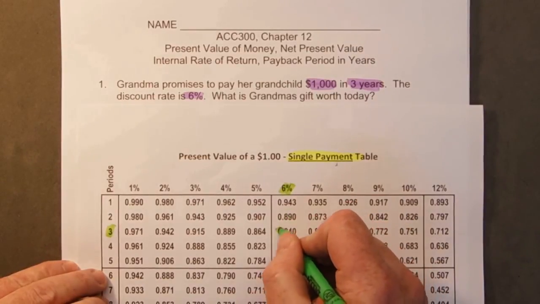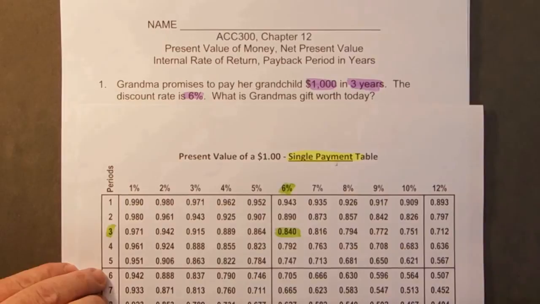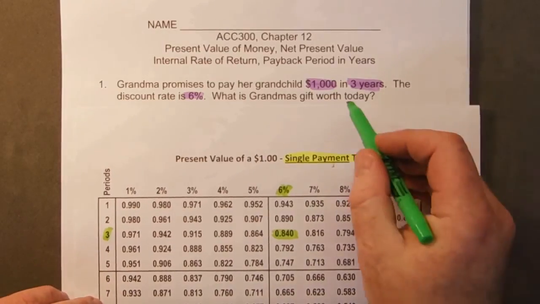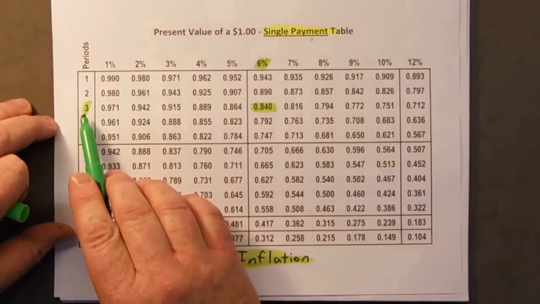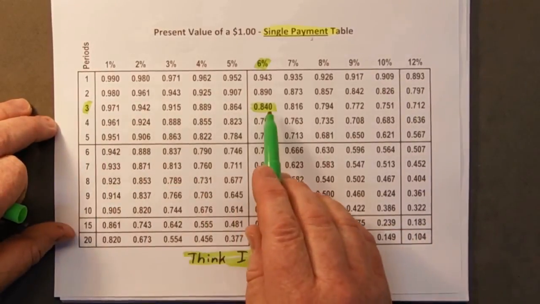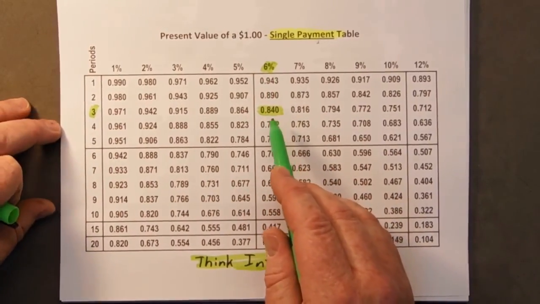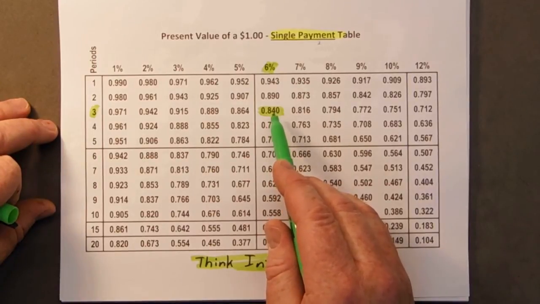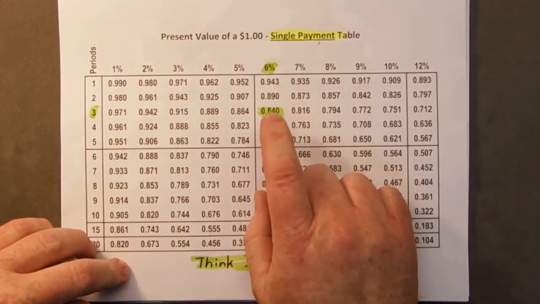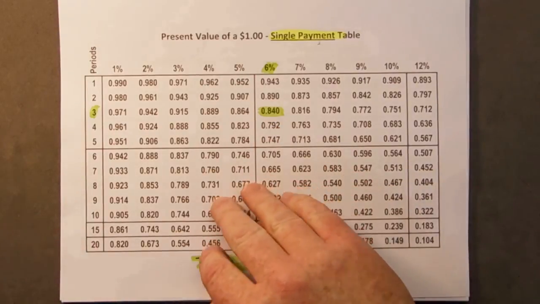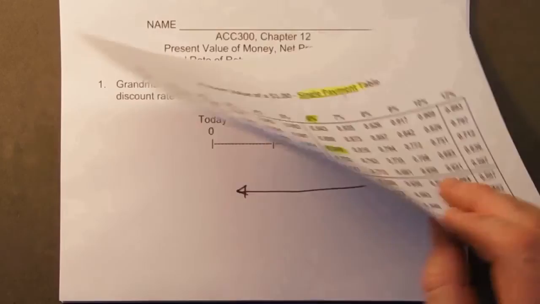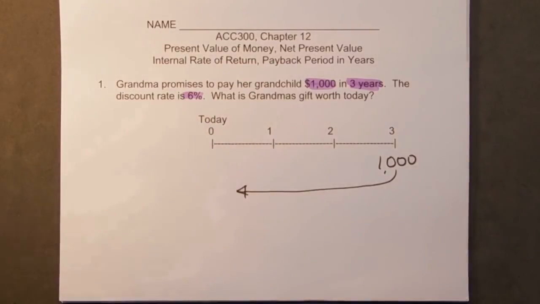So each dollar is going to be worth about 84 cents. So 3 periods, 6%, 84 cents. So each dollar that Grandma's going to give us is really only worth about 84 cents today. In other words, those dollars are only going to buy what we can buy today for 84 cents.